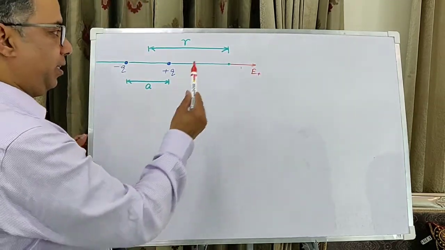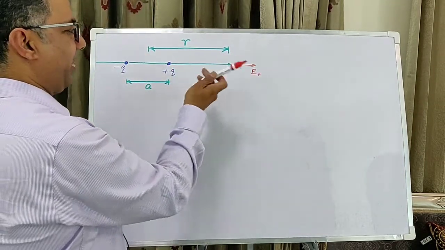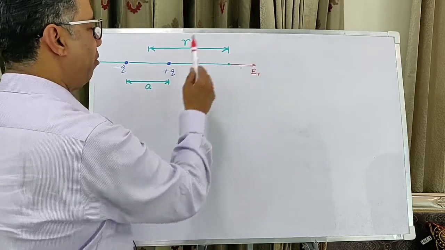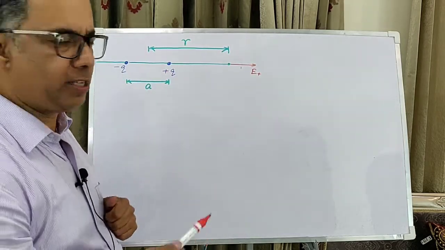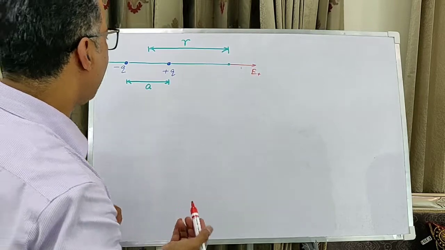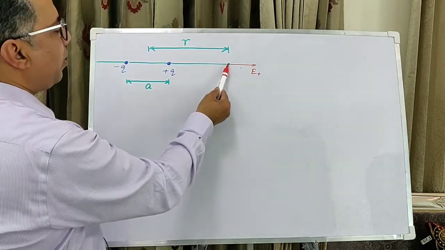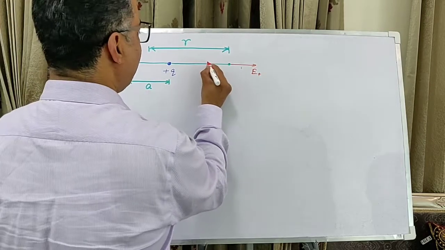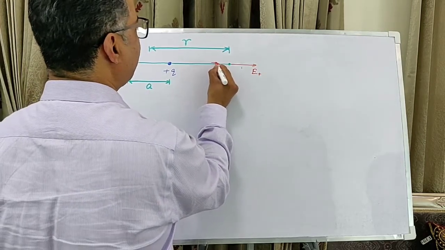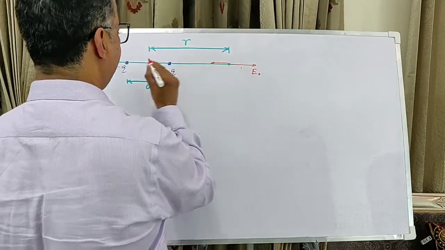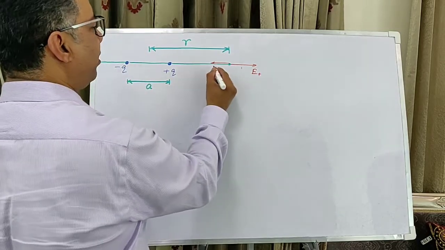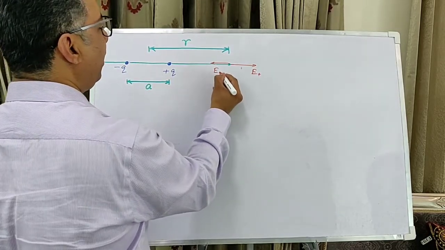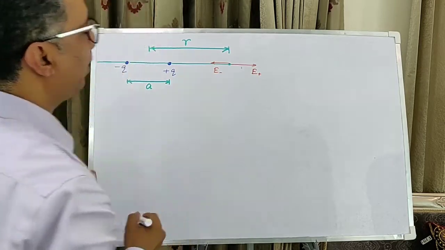This E plus has to be directed away from this positive charge, as we just discussed some time back. At the same point, the electric field due to minus q will be directed towards minus q because it's a negative charge. Let's call this E minus.